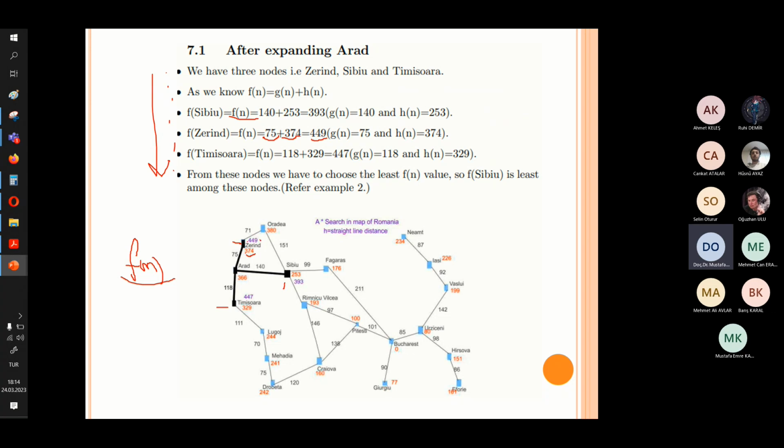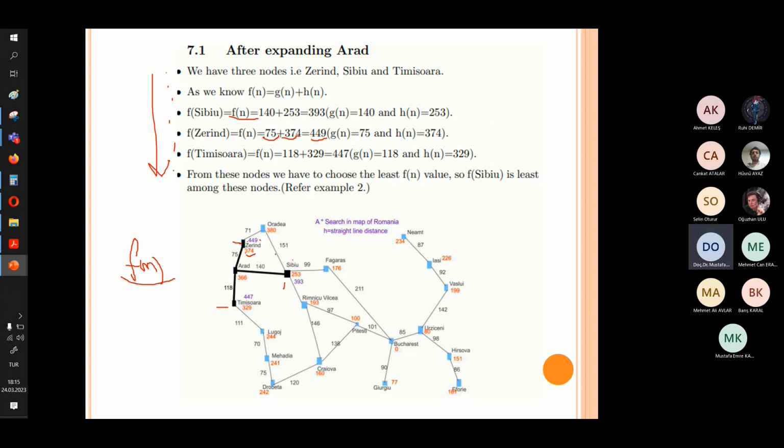That purple or blue, whichever color you are seeing, I can see that it is purple on my computer. That 449 is the Fn value for Zerind. We have calculated it. You have to supply all these values in your paper.